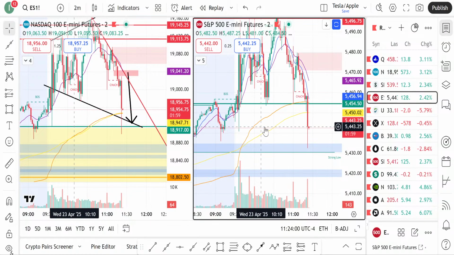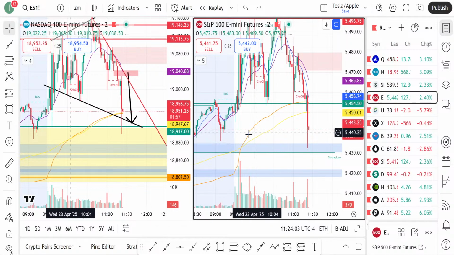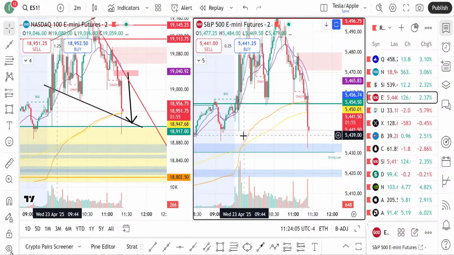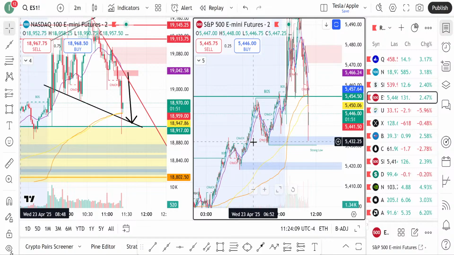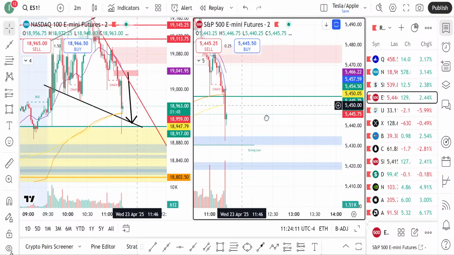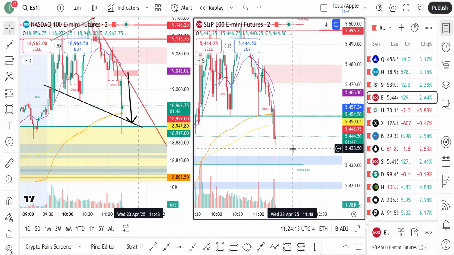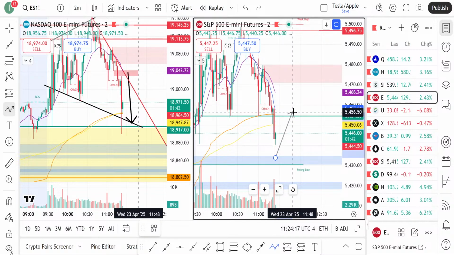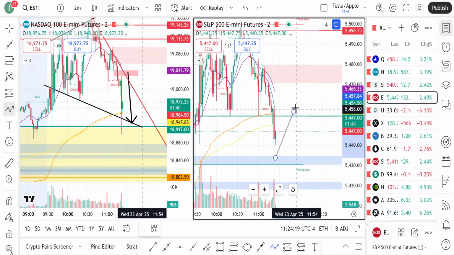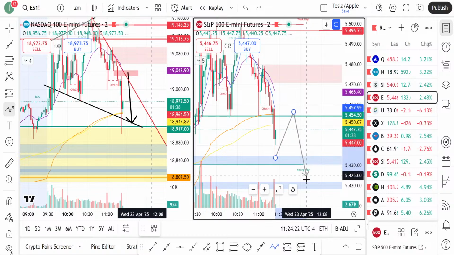All right, we're starting to fill some of the gap from this morning. I want to continue to see lower highs and lower lows here. It's fine if we pull back, as long as we pull back to a lower high. So this is a high here. I like to see a lower high as we go down.